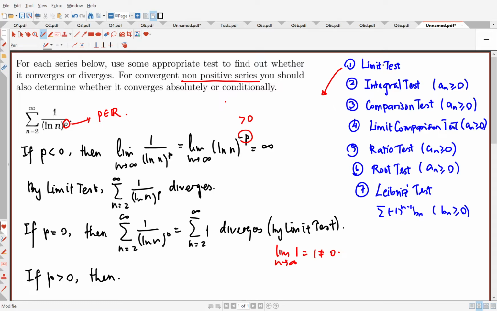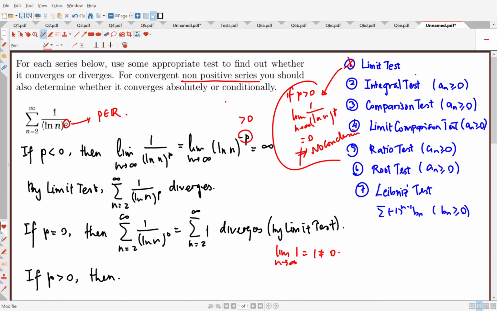No, because if p is more than 0, if we apply limit test, limit 1 over ln n power p as n tends to infinity will be 0, and there will be no conclusion, right? So we cannot use limit test for p more than 0.